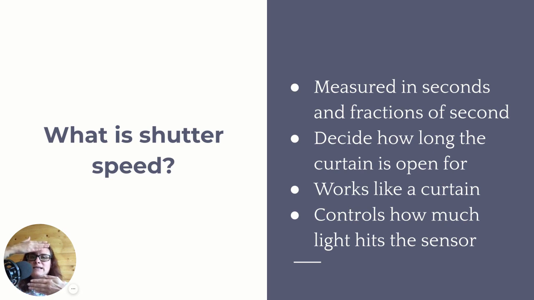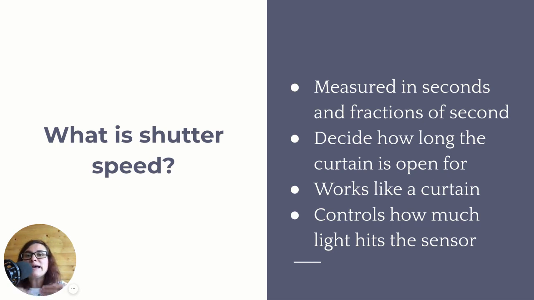And then after a certain amount of time, the front curtain drops down, closing the shutter, closing the sensor again, and stopping the exposure. Okay, that's how the shutter works.